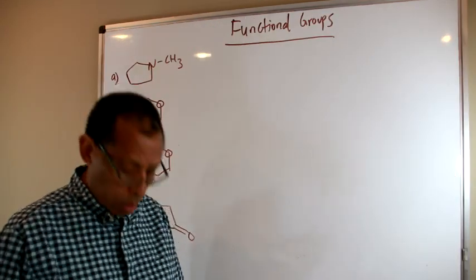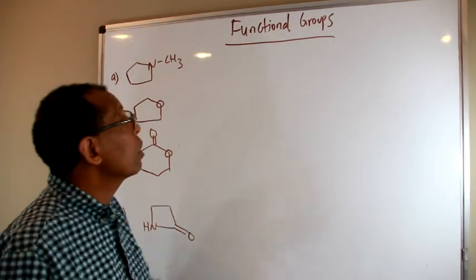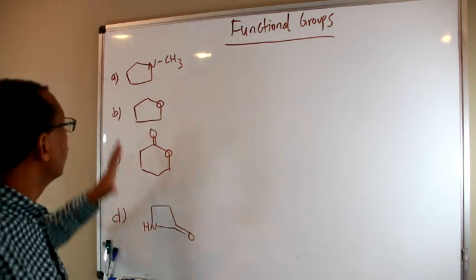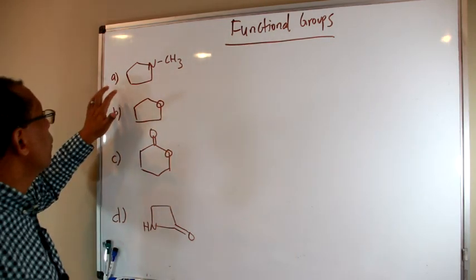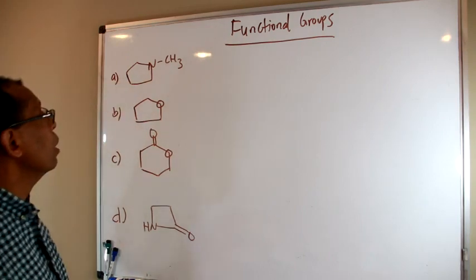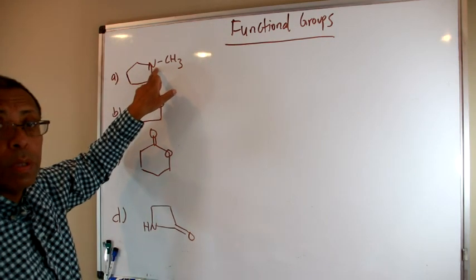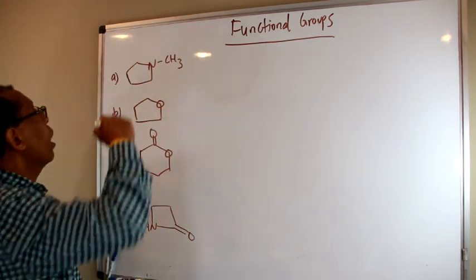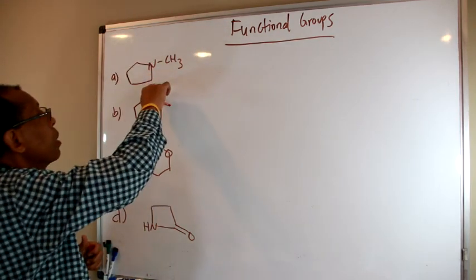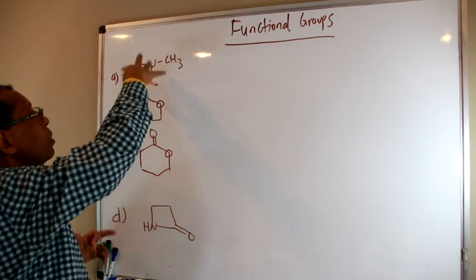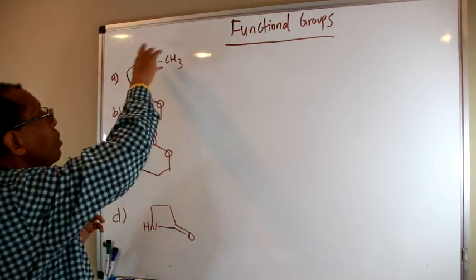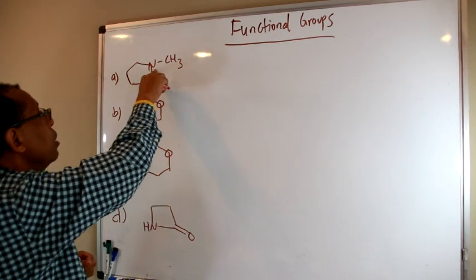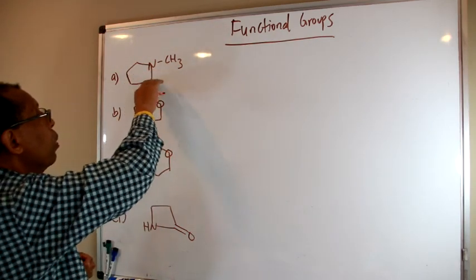Okay, continuing our discussion, still on functional groups. All of these are cyclic functional groups. For example, in compound A, you see a nitrogen, which is an amine, but in a cyclic form, you have R, another R, and R. So there are 3 carbon groups around the nitrogen, but it is a cyclic one.